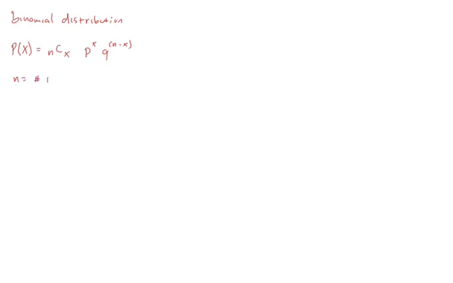And so n is our number of trials; for that last example, it was 10 questions that we had. X is the number of successes, so how many we want to get correct. And P is the probability that we actually get it correct. And Q is the probability of failure, that we don't get it correct, which is the complement. It's technically 1 minus P.